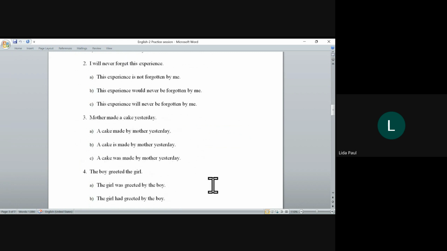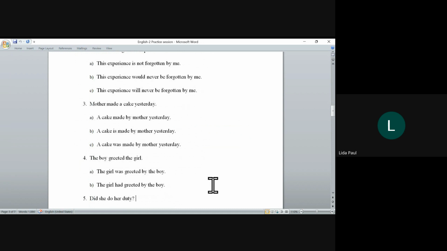Third one, mother made a cake yesterday. B plus V3. Ma'am, B option, a cake is made.